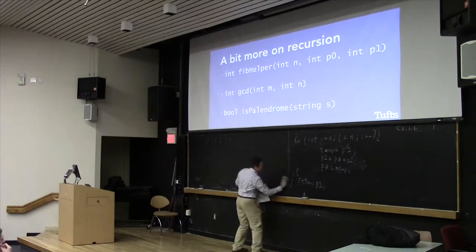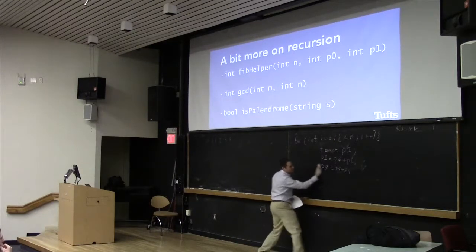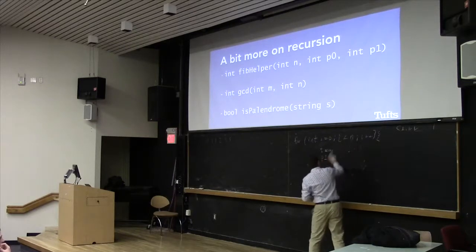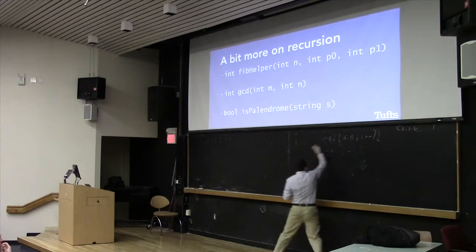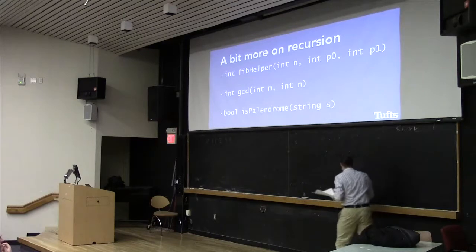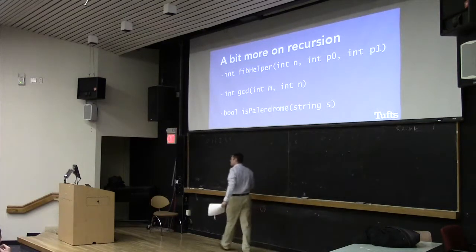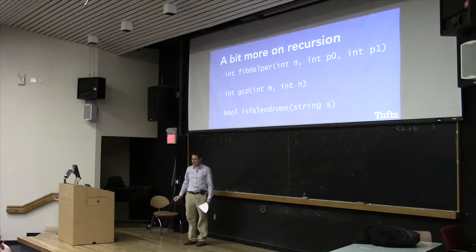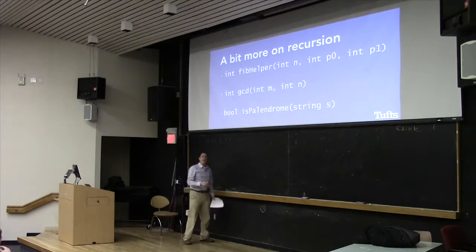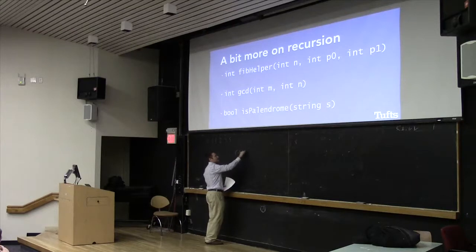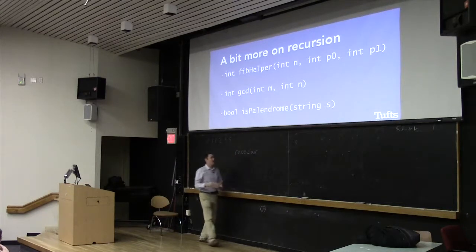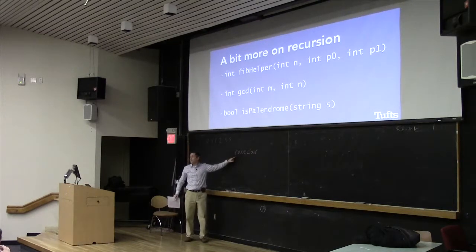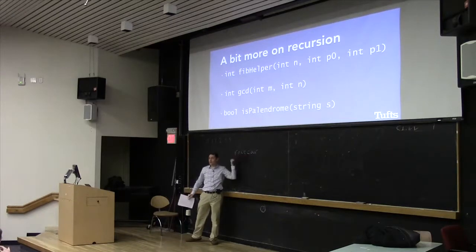So another use of recursion, I'm not actually going to write a bunch of code on the board here. There's a fun use of recursion to figure out if phrases are palindromes. R-A-C-E-C-A-R, race car, right? That happens to be a palindrome, meaning if you read it backwards, it also spells race car, right?